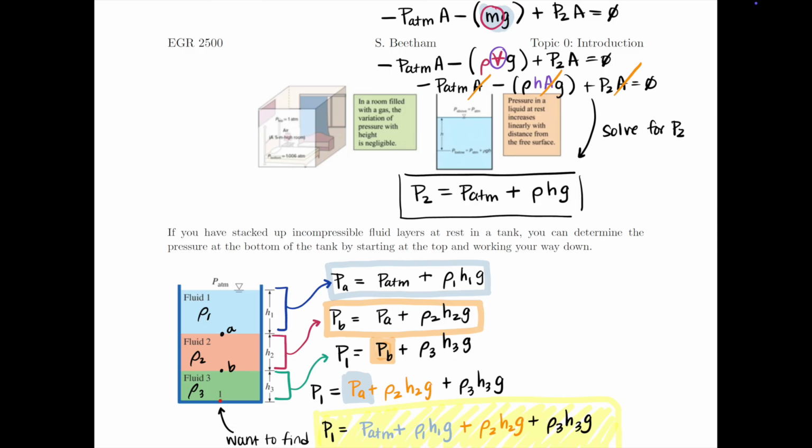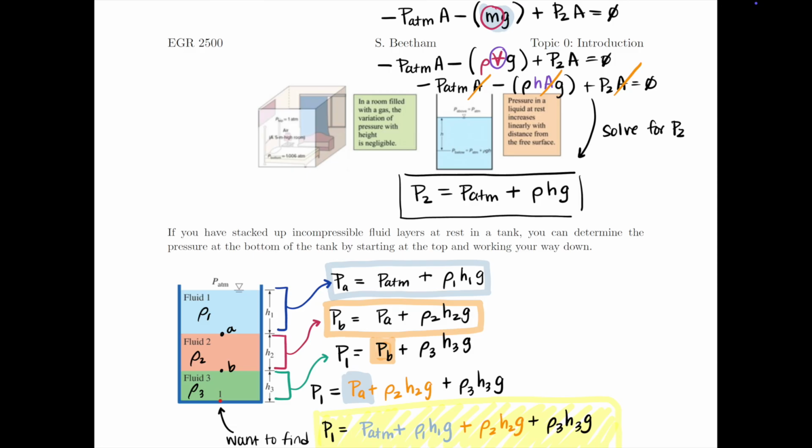Thank you, Sophia. So, I feel like I wrote aggressively large here. I'm sorry. So I have P atmosphere times A minus rho, and then H times A is our volume, times g, plus P2 A is equal to 0.